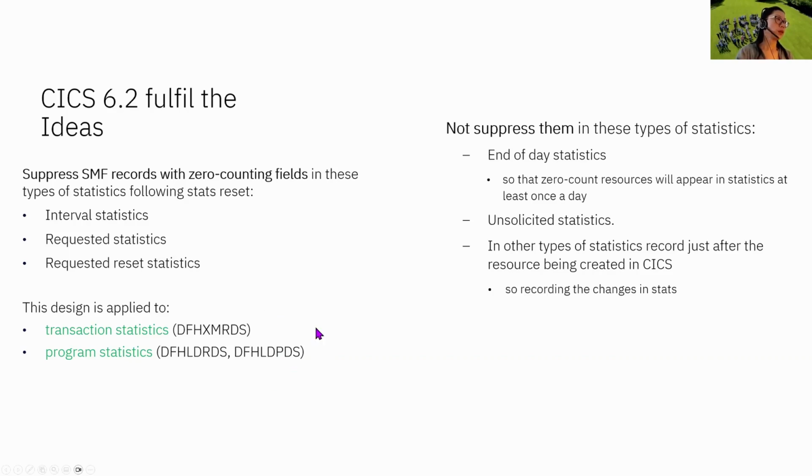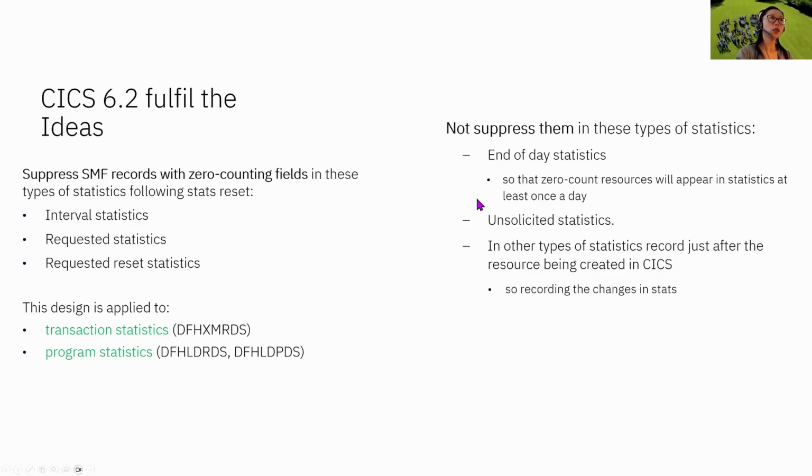For those statistic records, CICS will not produce them in the circumstances when it's interval statistics, requested statistics, or requested reset. So in those situations, those 0 count transaction stats and program stats will not be produced. So you will get a much more concise view of stats for those areas.